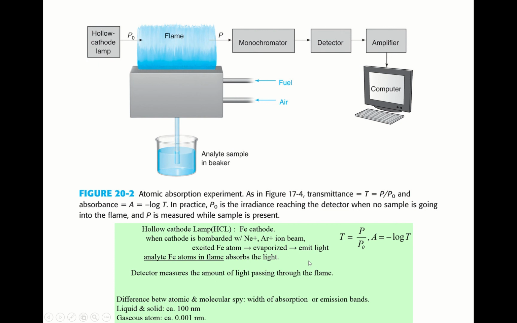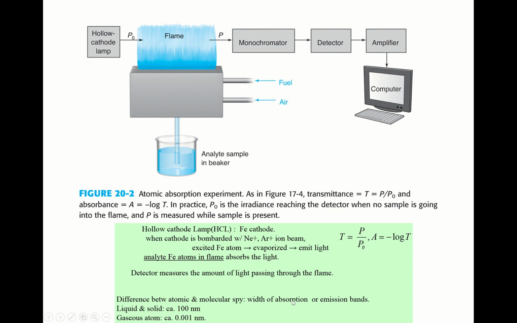What is important is that this emitted light wavelength is specific to the element. So the iron atoms in the flame absorb this light, and we measure this absorbance. Okay, so here is the difference between atomic and molecular spectroscopy.